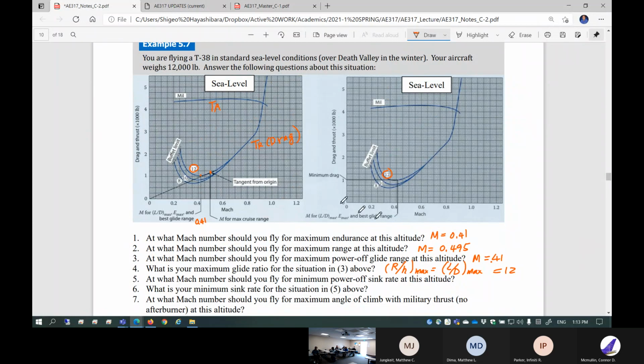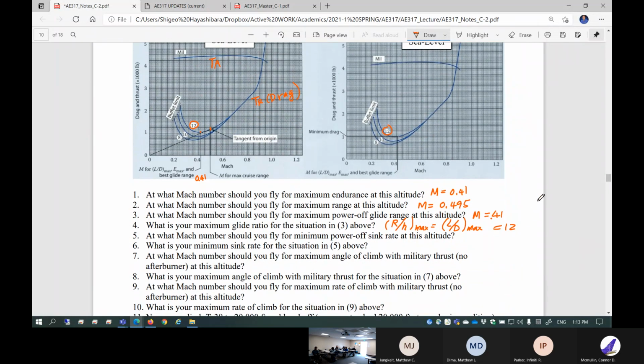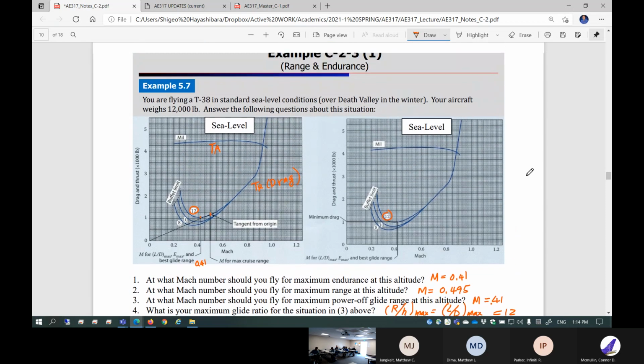Okay. Question number 5. At what Mach number should you fly for minimum power-off sink rate? Where is it? Minimum sink rate. This is a thrust plot, isn't it?